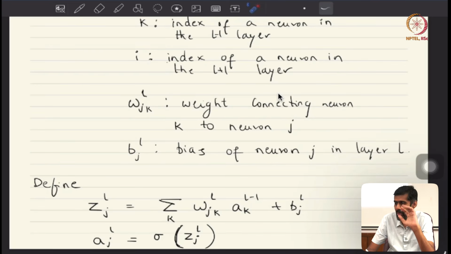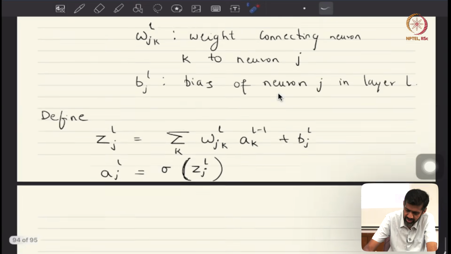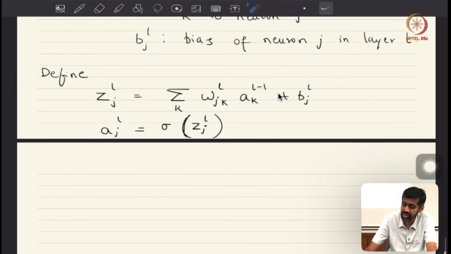Is that all right? So this operation is nothing but W transpose X, right? That's exactly what it is. By the way, please note that for the first layer, this A K or A J L is simply the input. Is that all right? Okay. So let us define this.